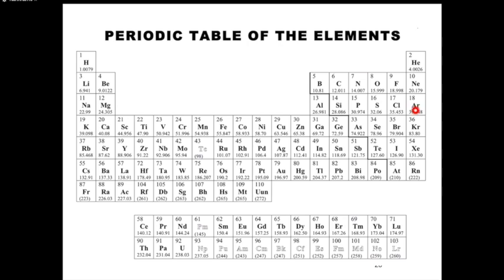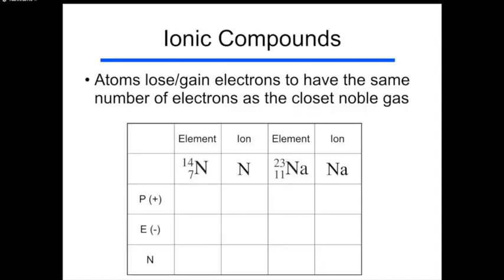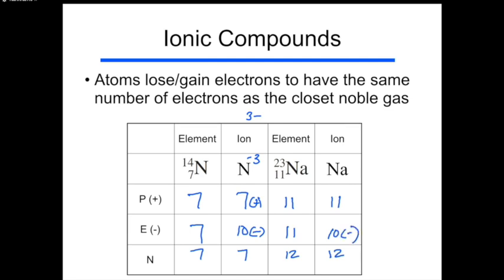I would have to gain 7 to become like argon, and I only have to lose 1 to get to the number that looks like neon. And going to 10 is much easier. So when it reacts, I will have 10 negatives and 11 positives. And so when sodium reacts and becomes an ion, it will have a +1 charge, or a 1 plus charge. You can write that too.